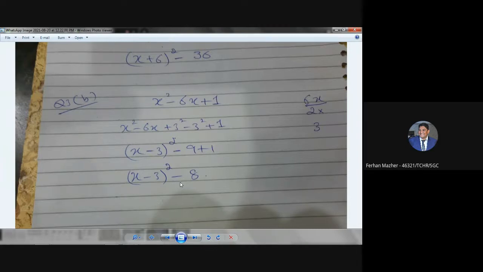Kindly, if you have understood it, kindly write this in your copy.